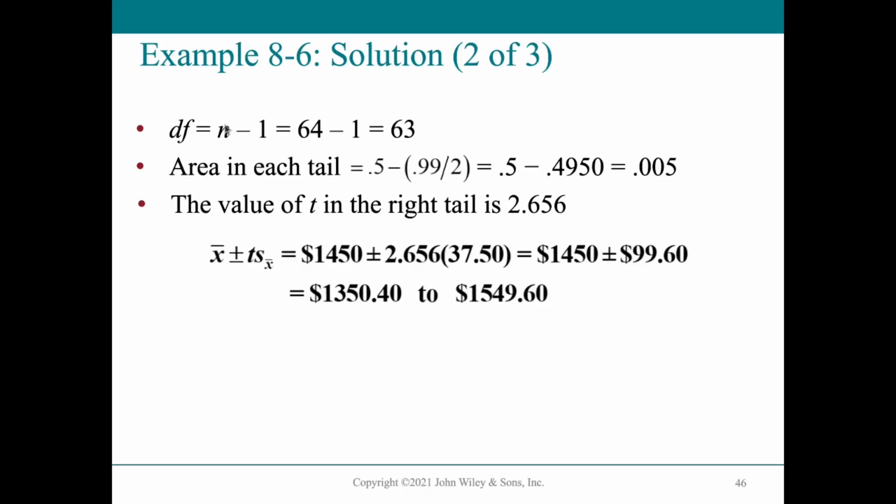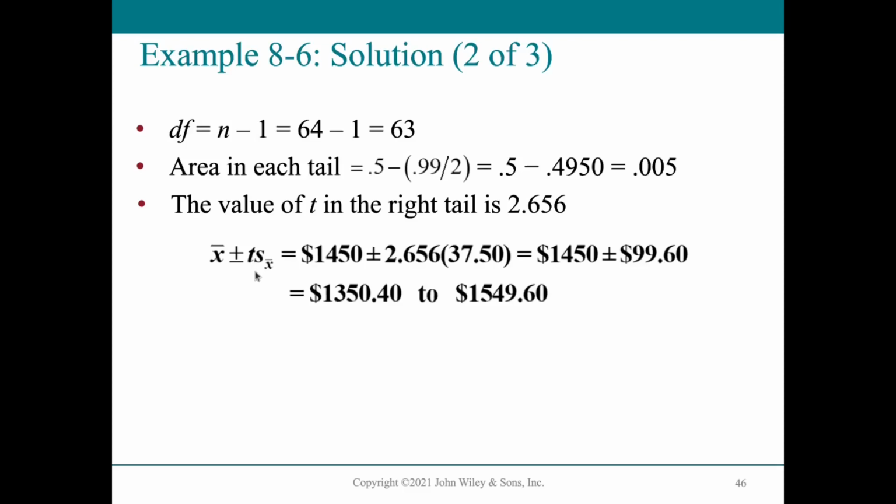Degree of freedom again is n minus 1, the number of samples minus 1. Using 63 and 0.005 in the table, you will get a t value of 2.656.